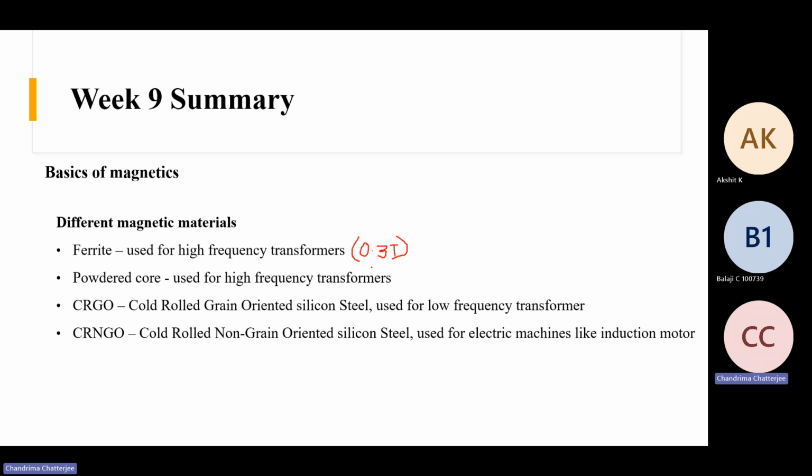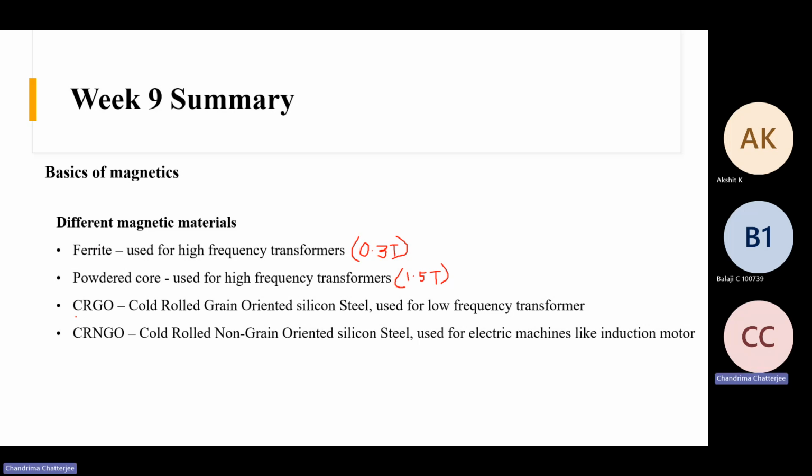Okay. For this powdered core, their relative permeability is lesser than ferrite, but their Bmax is higher than ferrite. So their Bmax is 1.5 Tesla. So we can restrict our design value up to 1.4 Tesla or 1.3 Tesla like that.